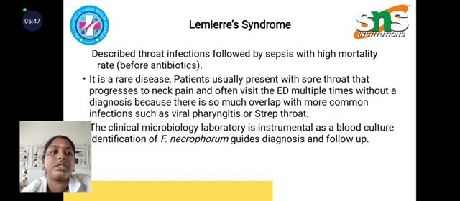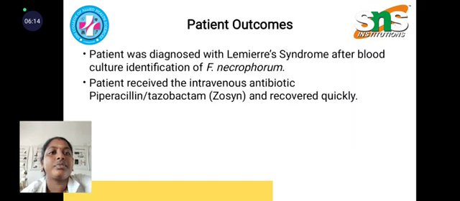Patients present with sore throat and progressive neck pain, and it is often mistaken for more common infections such as viral pharyngitis or strep throat. Strep throat is caused by group A Streptococcus, that is GAS. In the clinical microbiology laboratory, the blood culture was identified as Fusobacterium necrophorum.